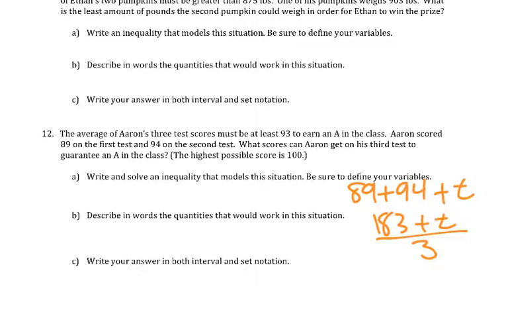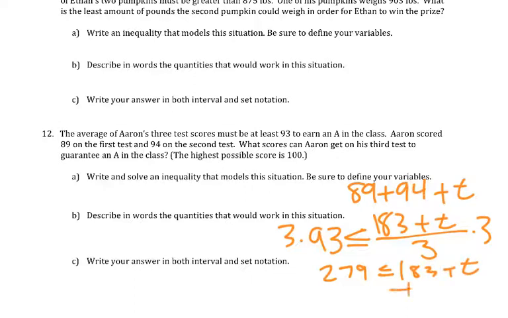Okay, so he wants that to be at least 93, so it wants to be greater than or equal to 93. Okay, so there's our inequality. We times by 3, so 93 times 3 gives us 279. It's less than or equal to 183 plus T. Subtract 183 from both sides.